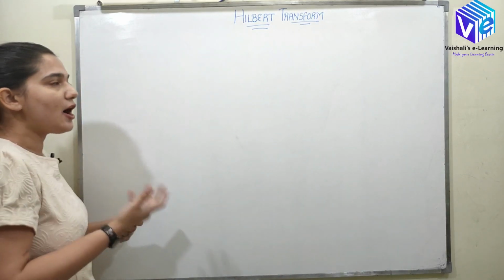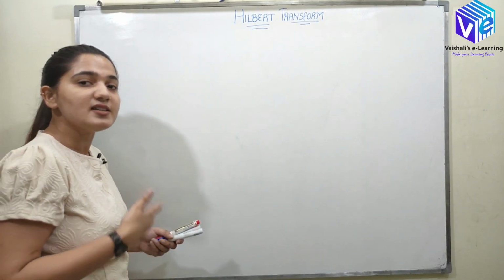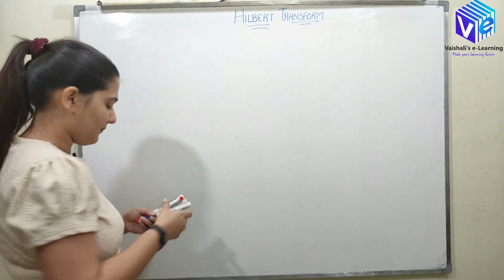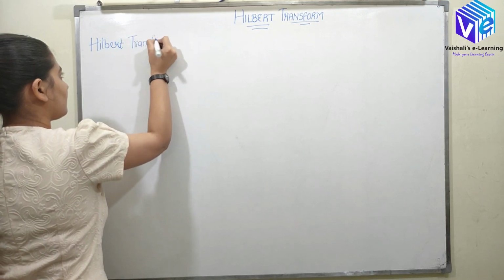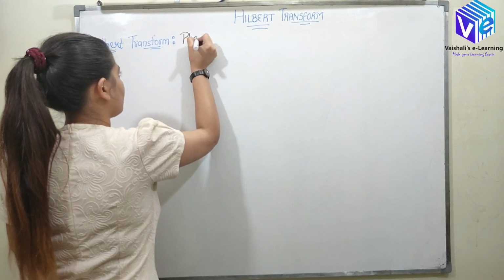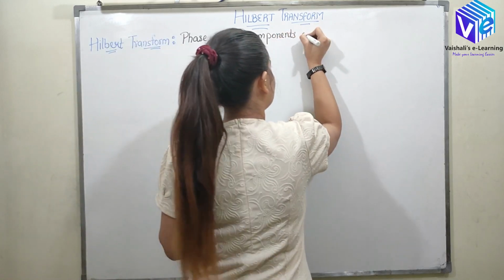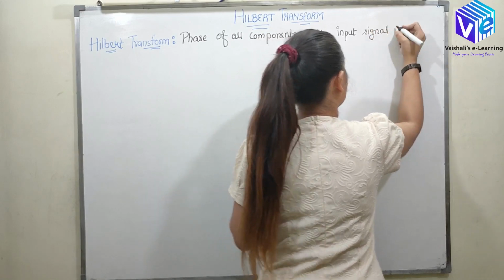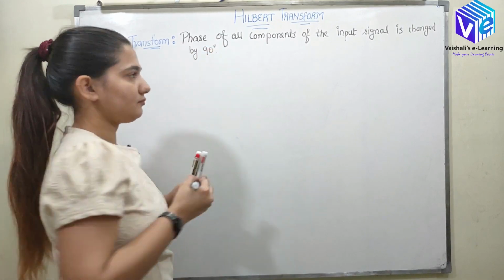So the output signal after the Hilbert transform is in the same domain, but the phase is changed by 90 degrees.